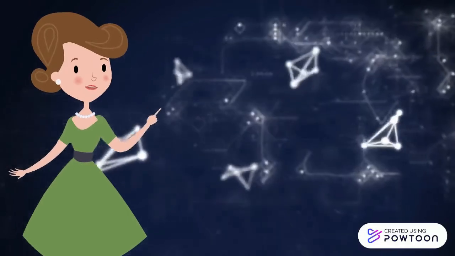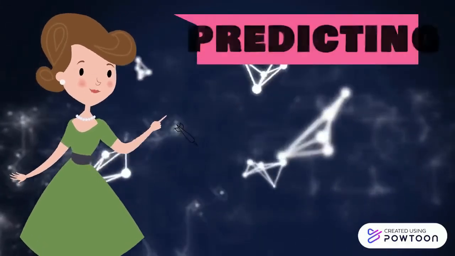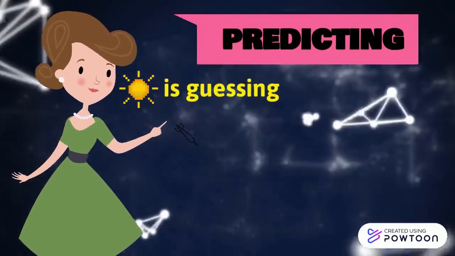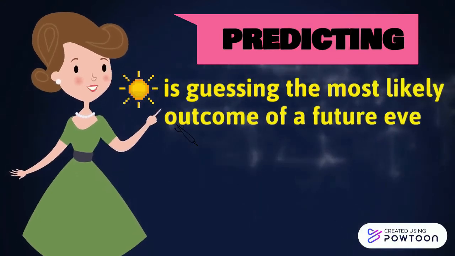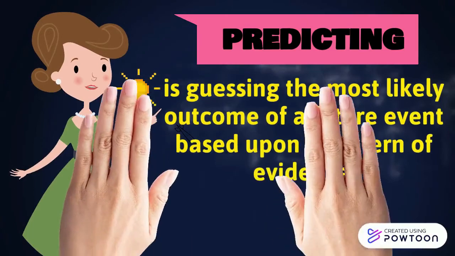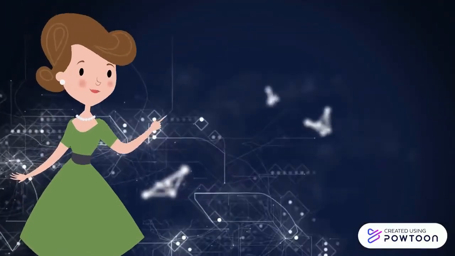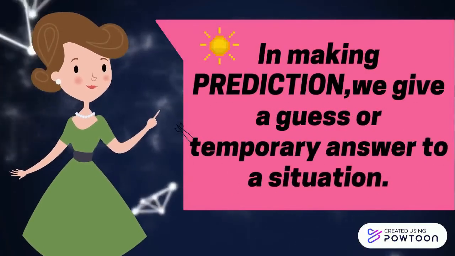Always remember that there are key points in making correct prediction. When you say predicting, it is guessing the most likely outcome of a future event based upon a pattern of evidence. In making prediction, we give a guess or temporary answer to a situation.